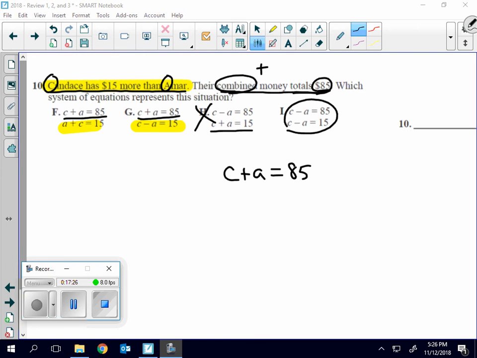If Candace has 15 more than Amar, then if you take Candace and subtract Amar's amount, you should come up with that 15 extra. So Candace's money minus Amar's money has to be that extra $15. Either way you look at it, the answer here is G.